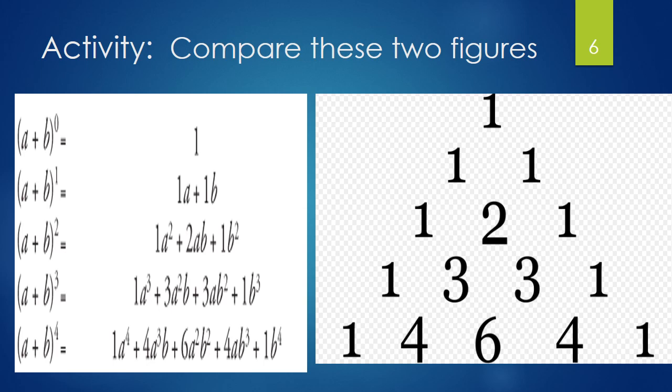Compare these two figures. We have (a plus b) power 0 equals 1. (a plus b) power 1 equals a plus b. (a plus b) power 2 equals a squared plus 2ab plus b squared, and so on. We note that this number 1 we can match with this number 1, and this number 1 represents C(0,0).